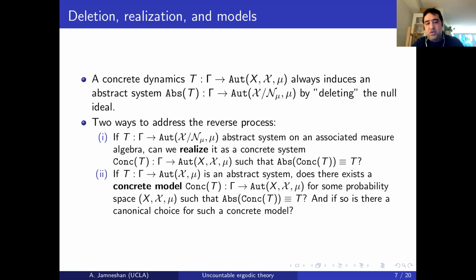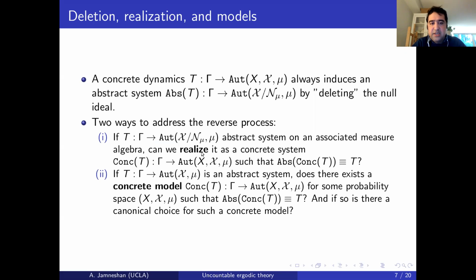And there are two ways to ask this question. So one way to ask it is: suppose we have started with a concrete probability space, and we will see soon an example where such a situation occurs. So suppose we have started with a concrete probability space, we have quotiented out the null sets, and then we have defined an abstract system.